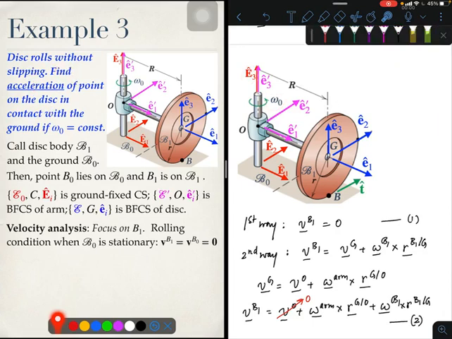If you are not following, you can quickly write down the various coordinate systems and the relationships between them.